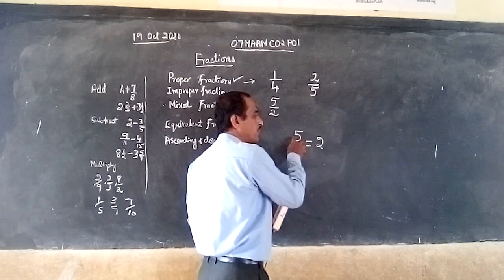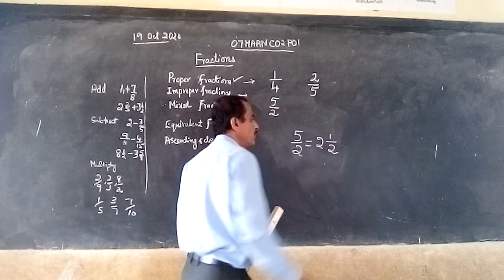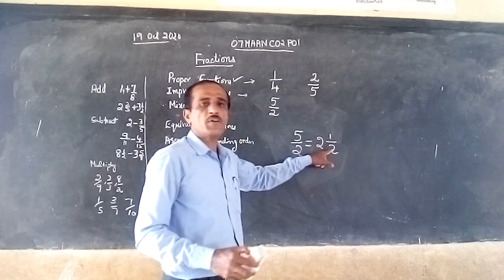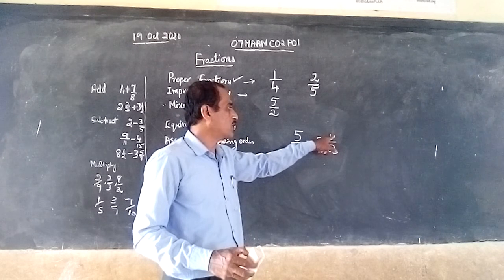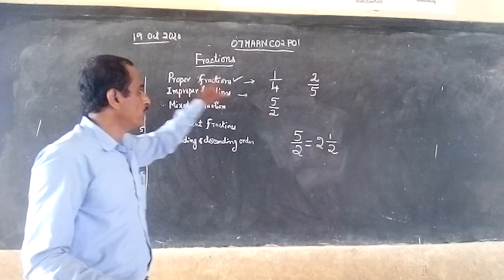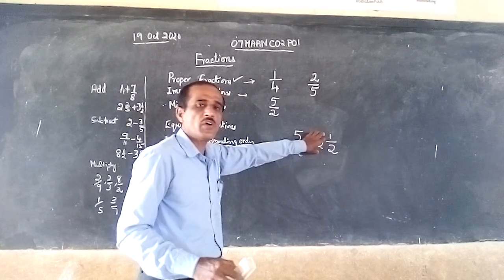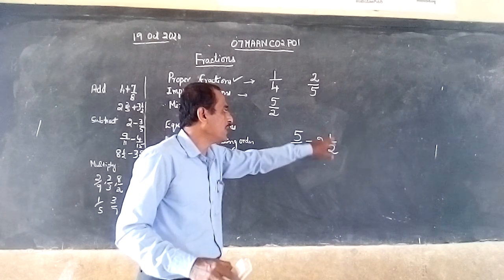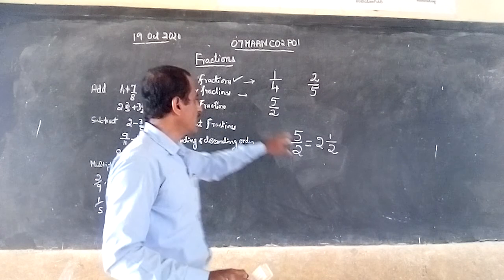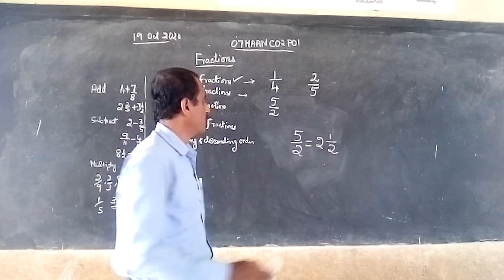You can divide 5 two times and 1 remains here. So you can write like this: 5 by 2 is equal to 2 1 by 2. Here 1 by 2 is a proper fraction because the numerator is smaller than the denominator, isn't it? Therefore we can say an improper fraction is a combination of a whole, this 2 is a whole number, and a proper fraction.